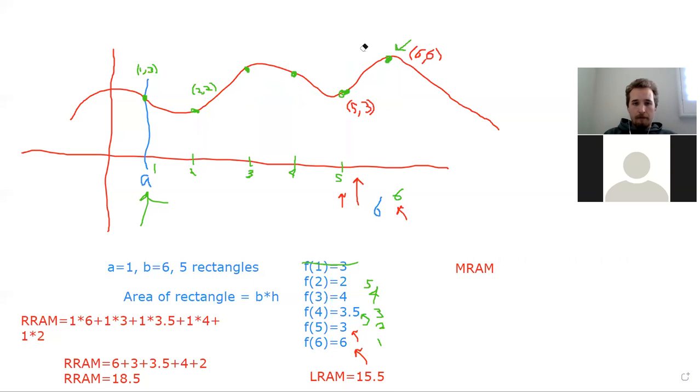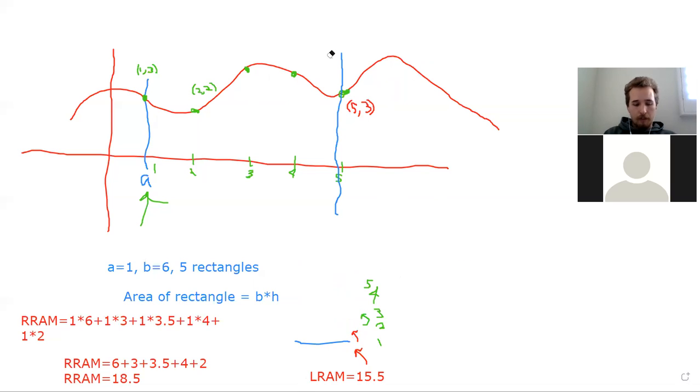What we're going to do instead is go from 1 to 5. That way we have a middle point. So we no longer have this. I'm going to actually write this out again. That's not what I meant to do.